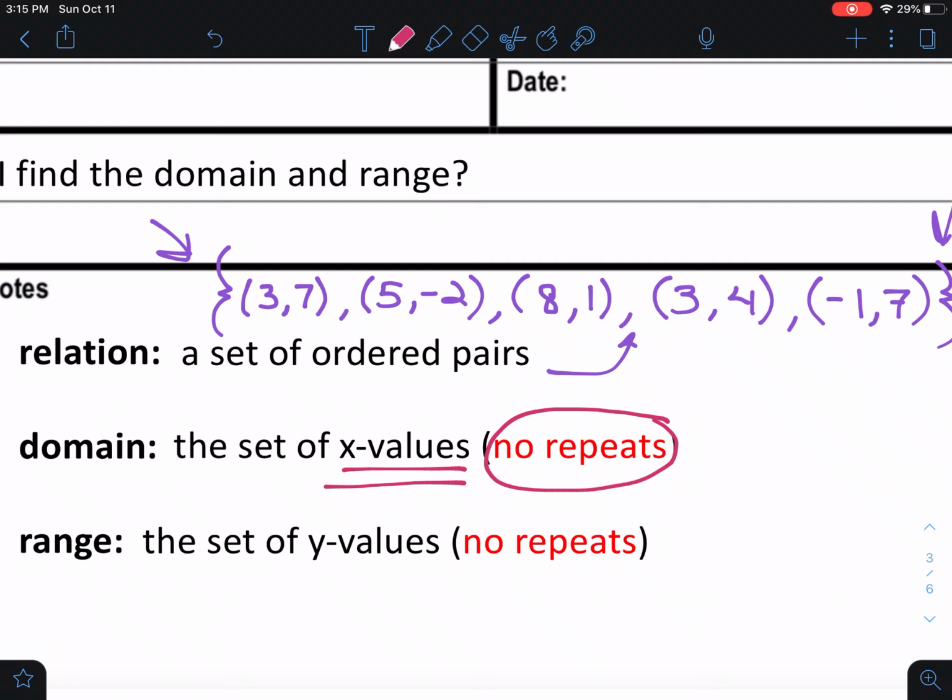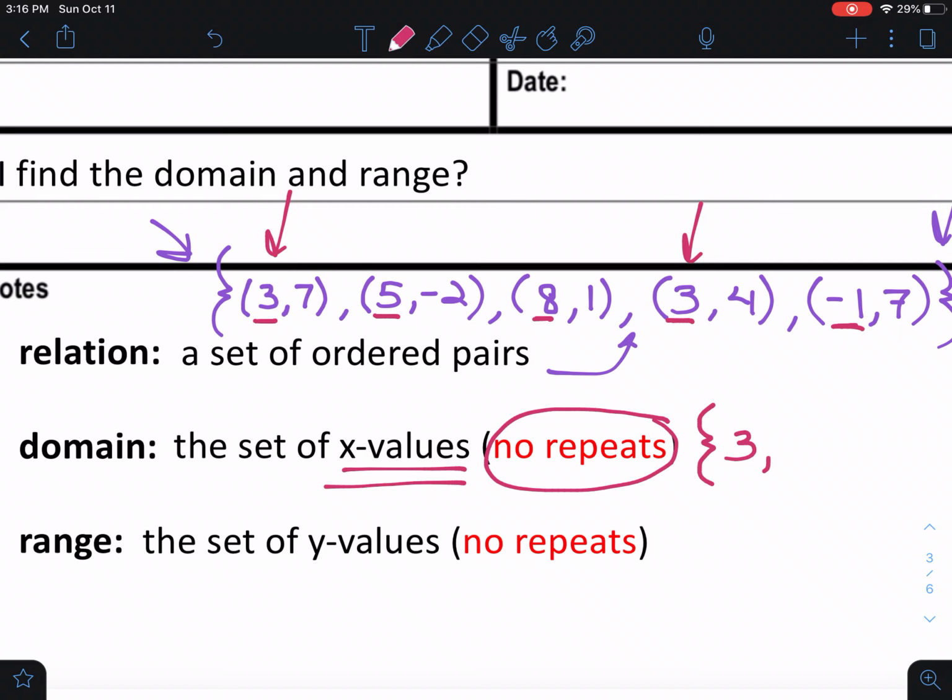So here I have 3, 5, 8, another 3, and -1. Those are my x values. So I'm going to write those, but notice I repeat 3 here and here. These are the same number, so I'm only going to write it once. So we always write domain and range without repeats. Okay, so I'm going to write 3.